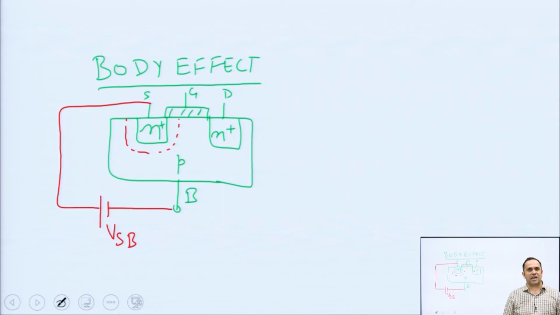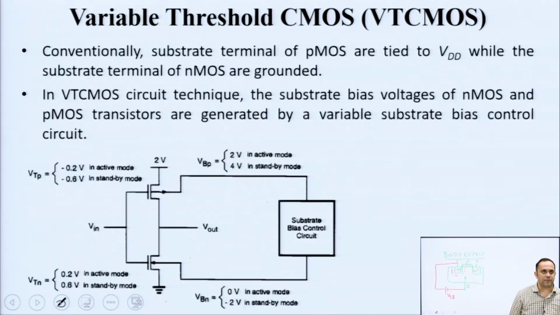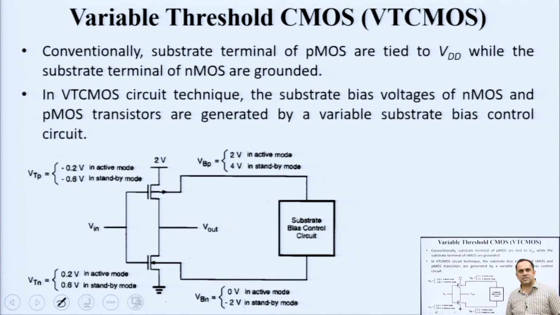Both these techniques exploit this body effect. We design a circuit which helps you toggle or tune the threshold voltage of MOSFETs in such a way that in one case it works as a normal circuit, and in another case it controls the sub threshold conduction.